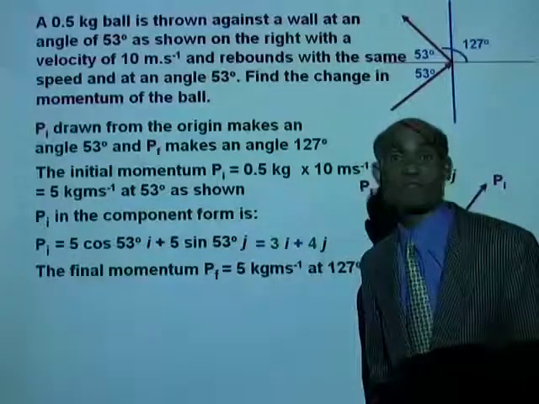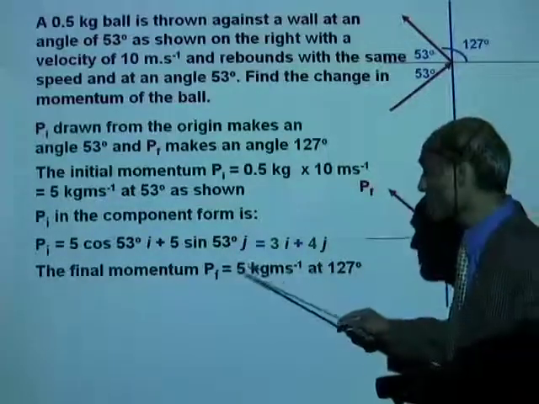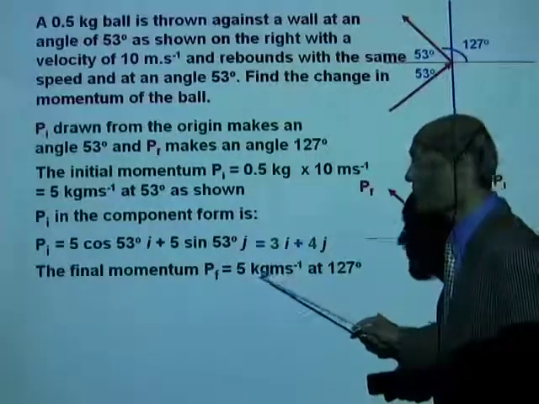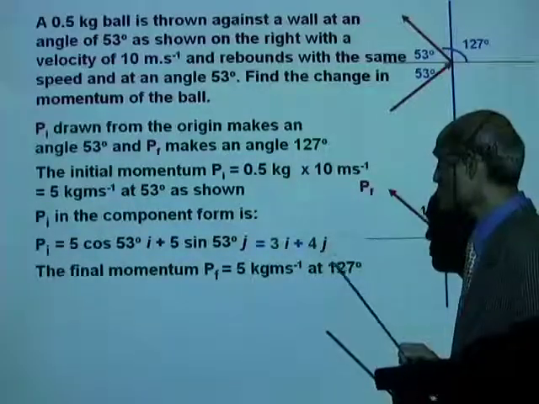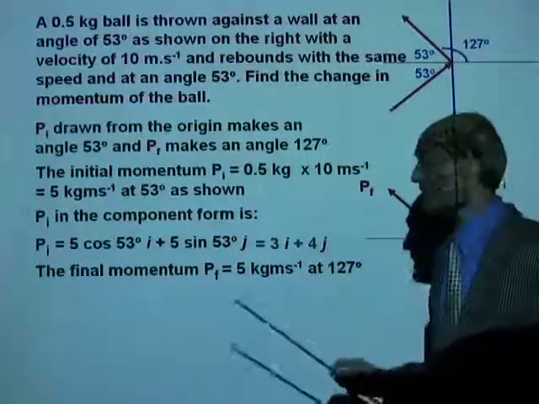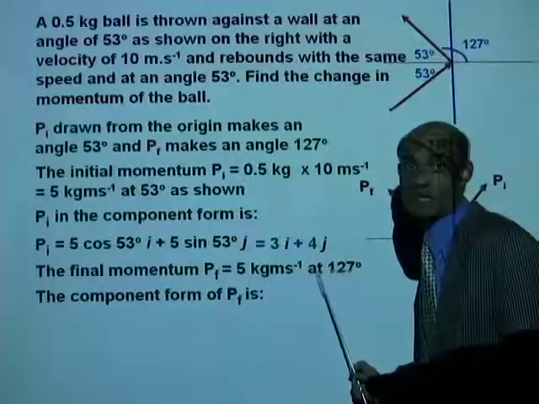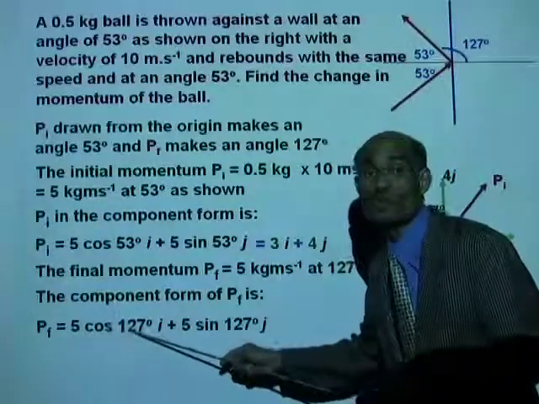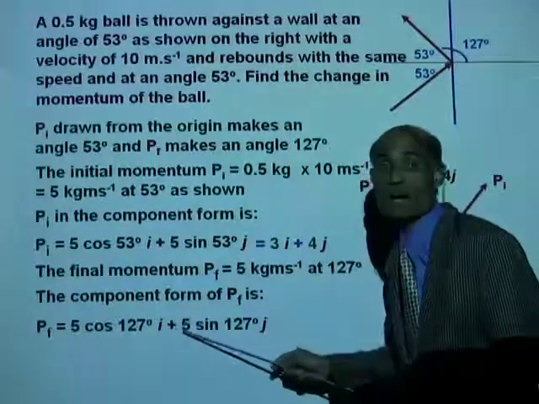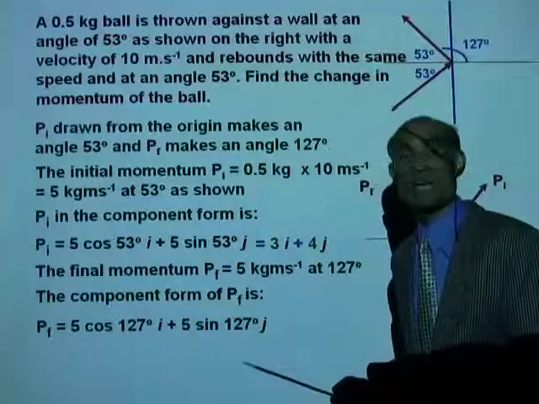Similarly, let's write the final momentum in the component form. Pf is 5 kilogram meter per second at 127 degrees. In the component form, it will be, alright, can you write that? It will be 5 cos 127 degrees i plus 5 sin 127 degrees j.